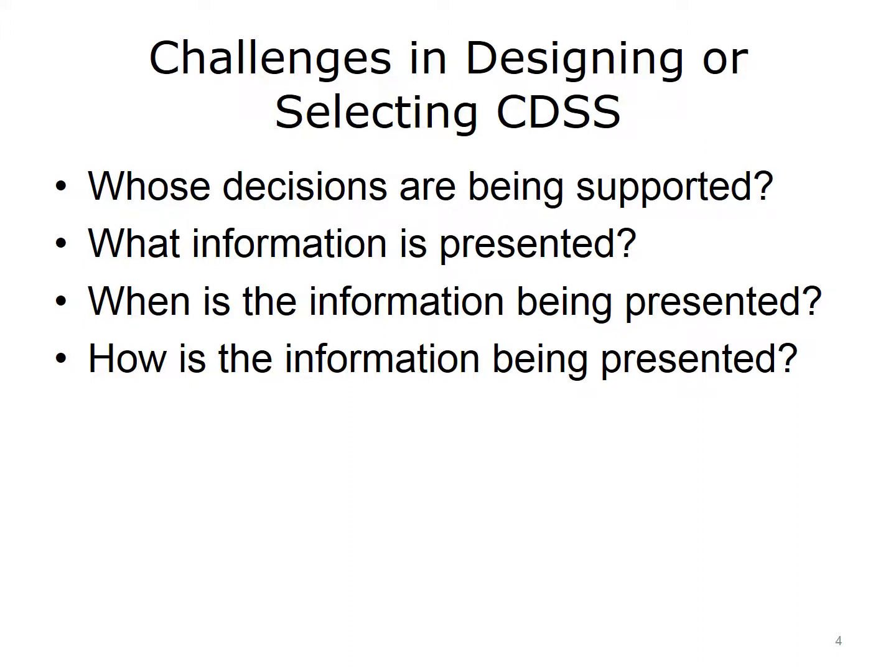Knowing when the information from the CDS should be presented automatically or on demand, i.e., when the user chooses to access the information, is no small feat. Tying the answers to the other questions, for example, whose decisions are being supported, can also be complex.